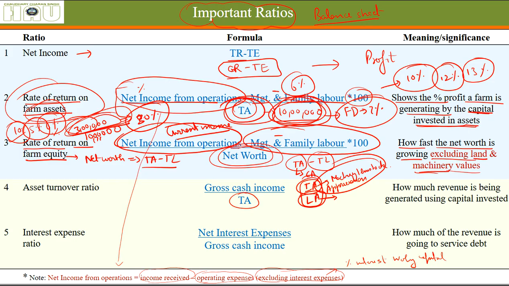Okay, now asset turnover ratio: the numerator is gross cash income divided by total assets. Gross cash income, that means the money you are getting in cash without reducing the expenses. It shows how much revenue is being generated using capital invested.